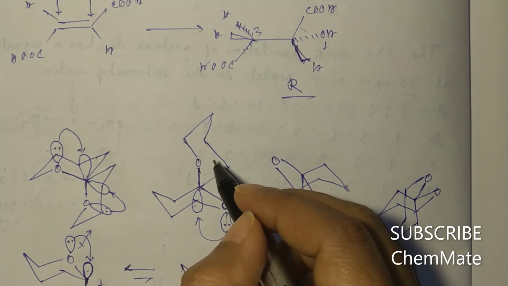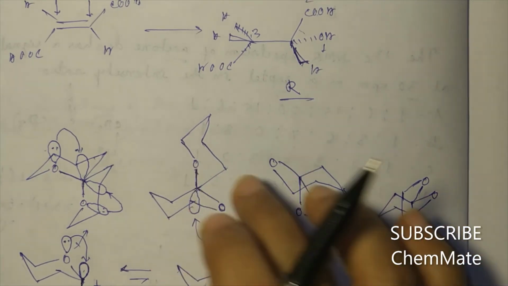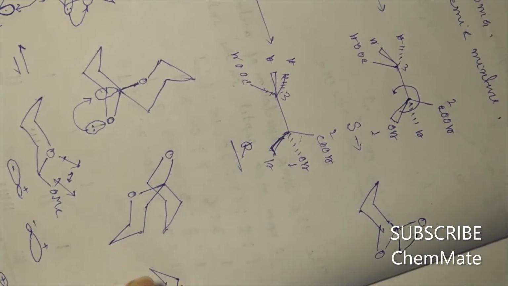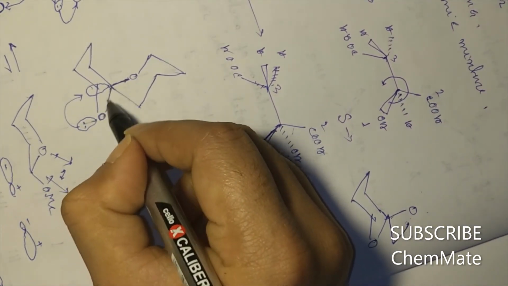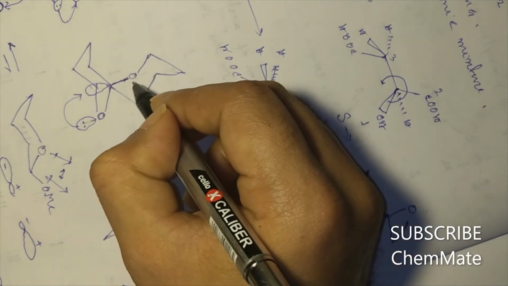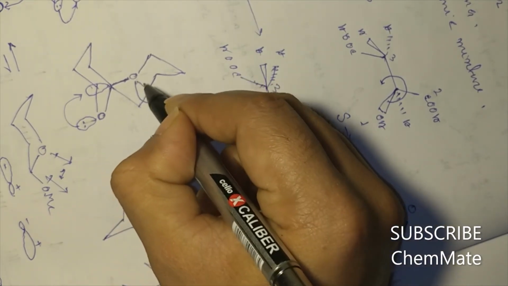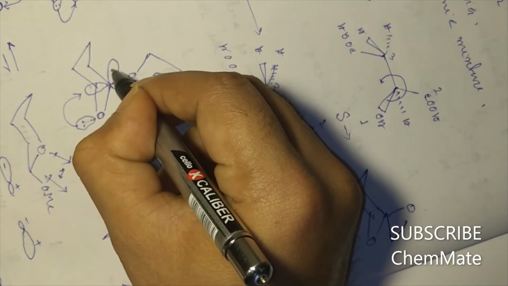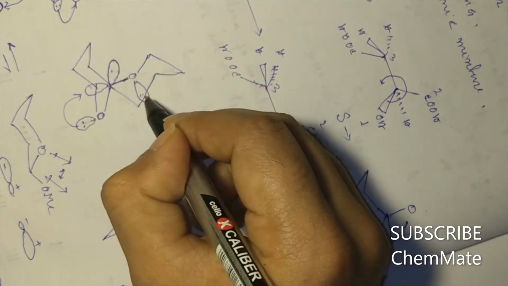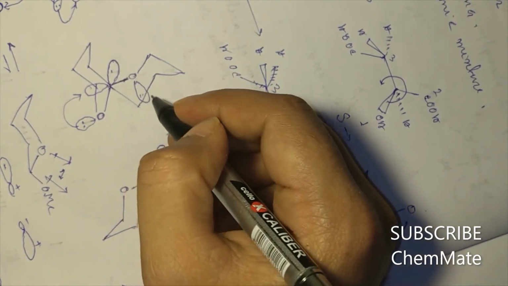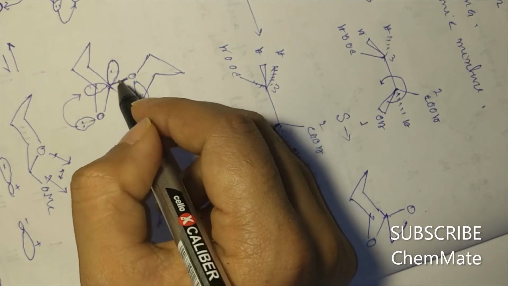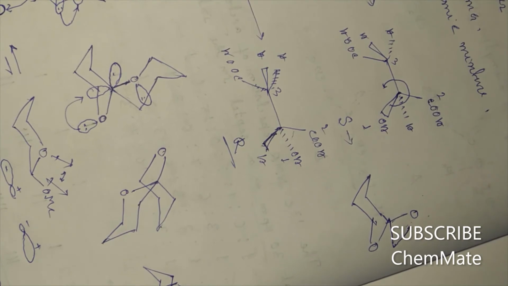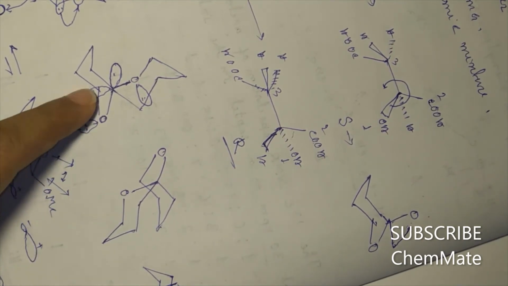But if we consider this pyranose ring, then we will get here the bond is equatorial and the lone pair is in this direction, whereas the sigma star antibonding orbital is in this direction. This is empty, so these two are not in a position so that the anomeric effect will operate here. So here only one anomeric effect will operate.